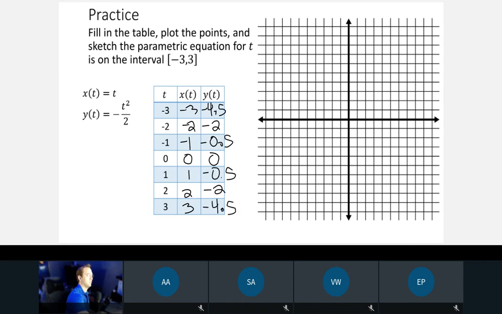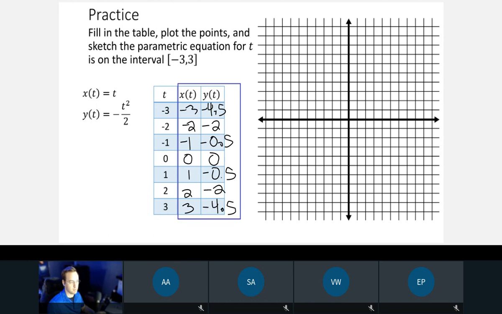Okay. I would agree with those. Volunteer one to try to graph this for us. All right, Julia, go for it. On the board, yep.